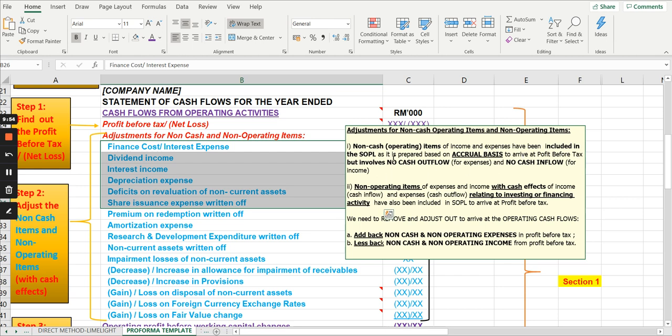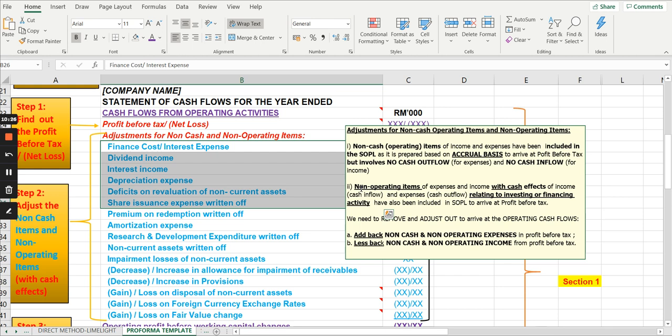So therefore, since it does not involve any cash outflow if it's an expense, or any cash inflow if it's an income, you need to do some adjustment where you add back any non-cash and non-operating expense to the profit, and you deduct the non-cash and non-operating income from the profit before tax.